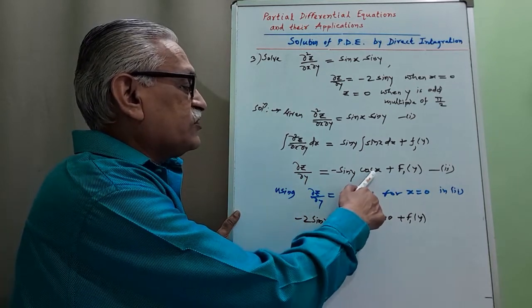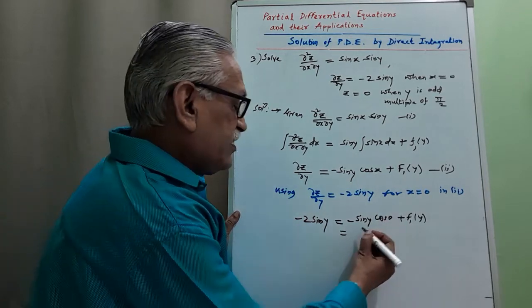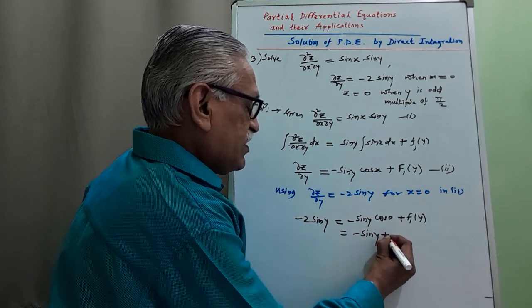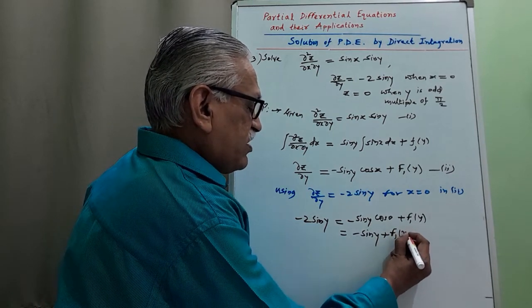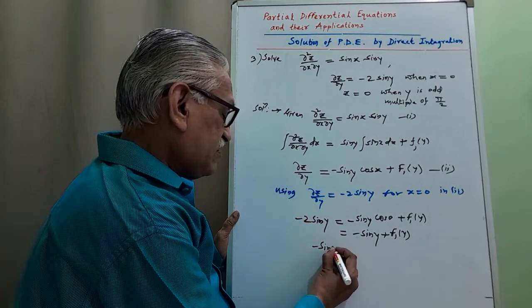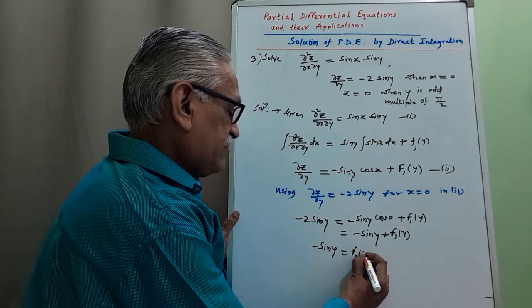Therefore, substituting x is equal to 0 here, we get cos of 0, and we know that the value of cos 0 is 1. And therefore we get here minus sin y plus f1 of y. So, other side, we get minus sin y is equal to f1 of y.